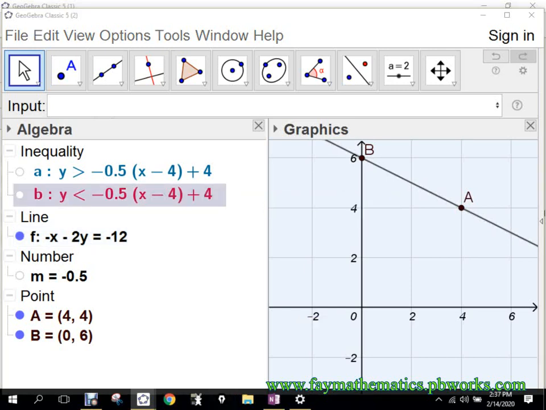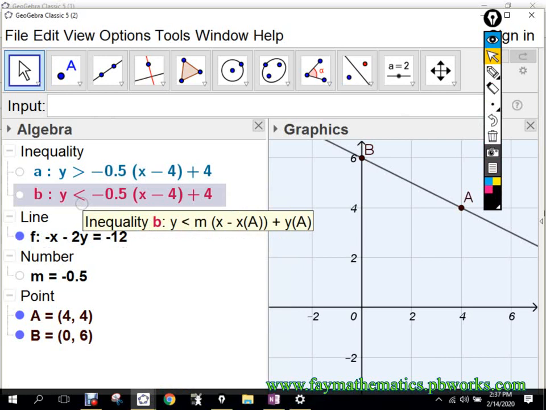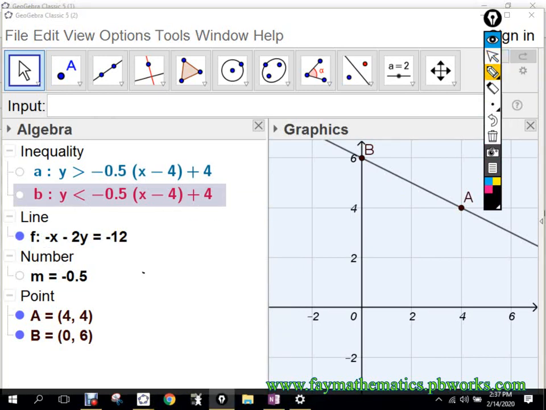The only thing with showing you this in GeoGebra is that I can't always use the symbols that I want. So let this one be a less than or equal to sign. So I want to graph the inequality negative x minus 2y is less than or equal to negative 12.